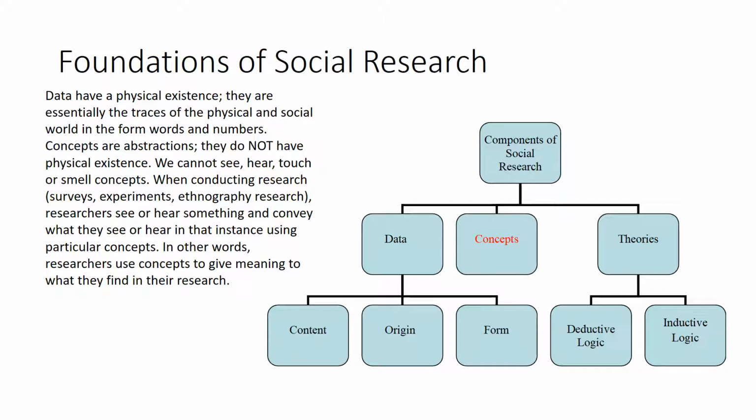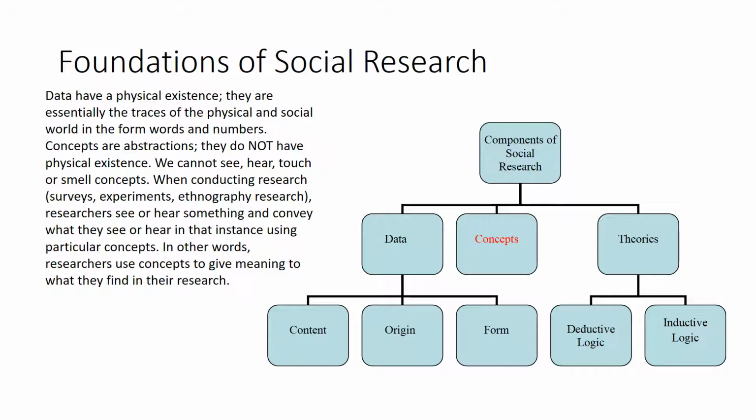As mentioned earlier, data is anything we can see, hear, smell, or touch. Data are essentially the traces of our physical or social world in the form of words or numbers. Unlike data, concepts are something that's abstract. We cannot see, hear, touch, or smell concepts.